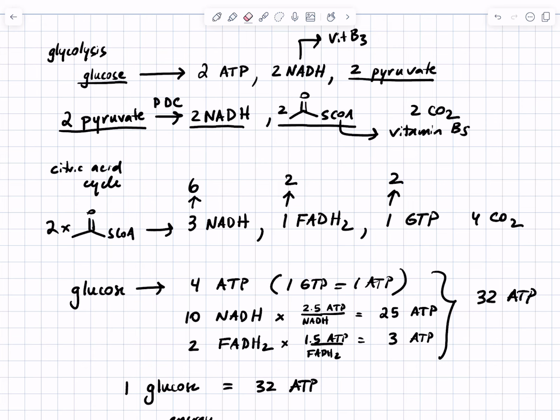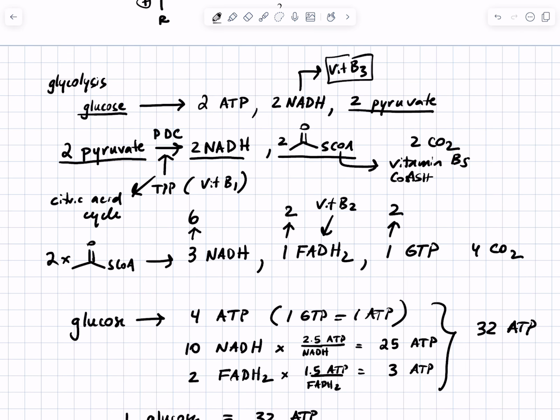The pyruvate dehydrogenase complex and the citric acid cycle both involve TPP, which is vitamin B1. And lastly, I think, FAD going to FADH requires vitamin B2. So these are all the spots where key vitamins are important in metabolism. There are others, but these are the main ones involved in glucose metabolism. And this is why you need them too, because they're required for this process and your body can't make them.